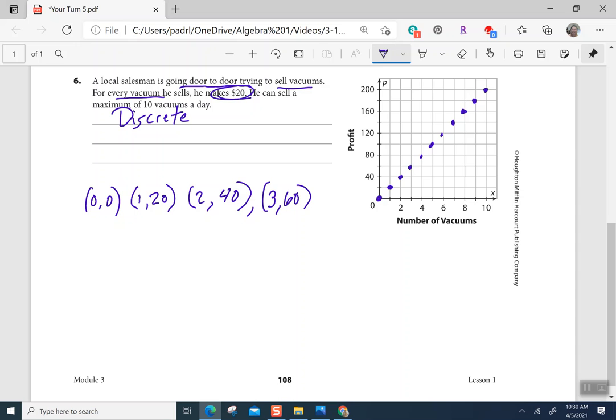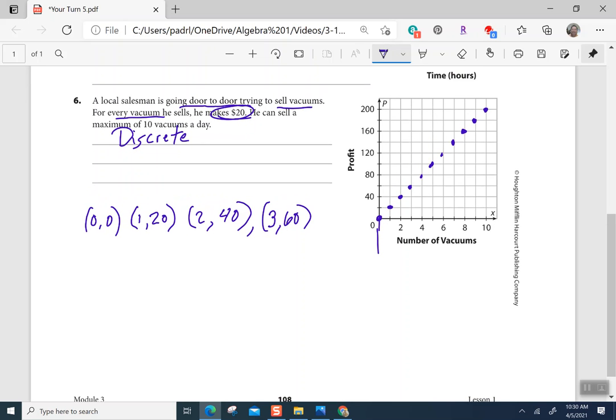All right, now we need to know the domain. The domain is the list of all the x's only. So I am starting down here, and I'm running all the way through right here. So that means my domain is every number between 1 and 10, but only if it's a whole number.